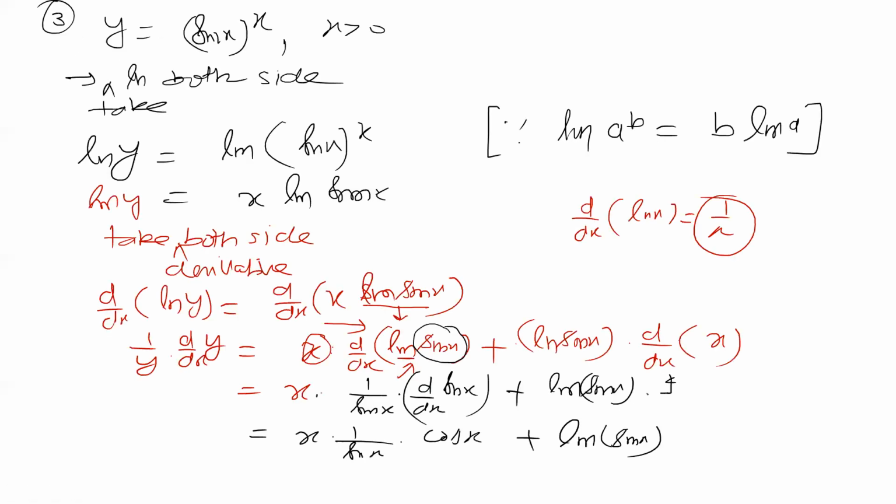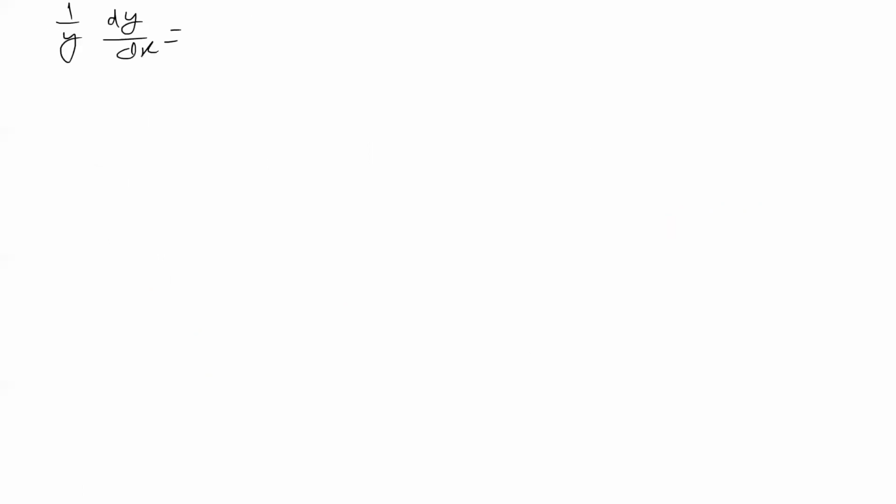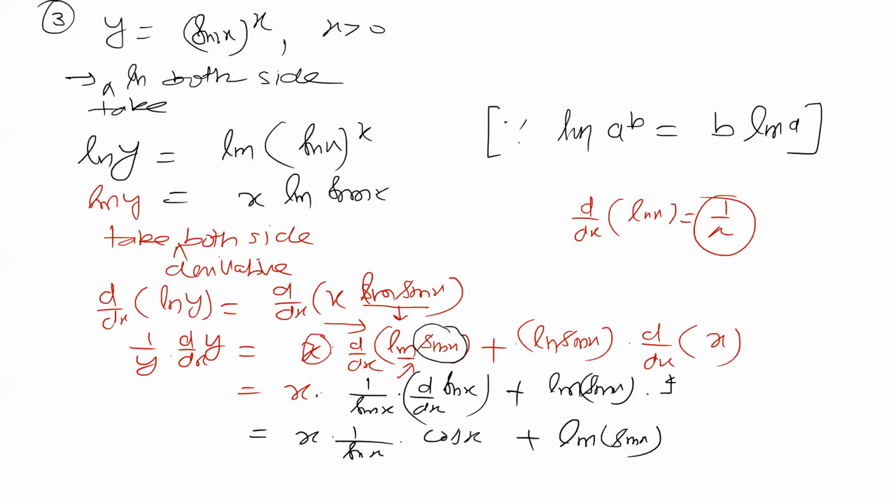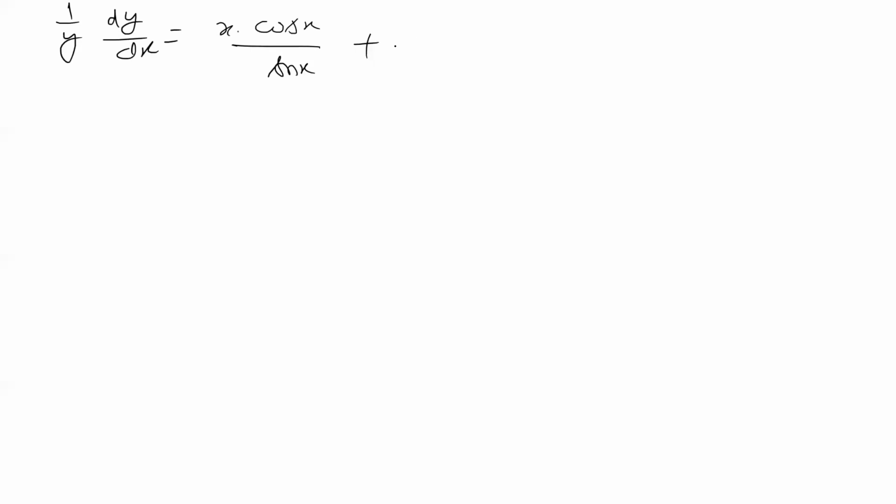Then we have to simplify 1 by y dy by dx. Then what you will get is y into cos x by sin x plus ln sin x.